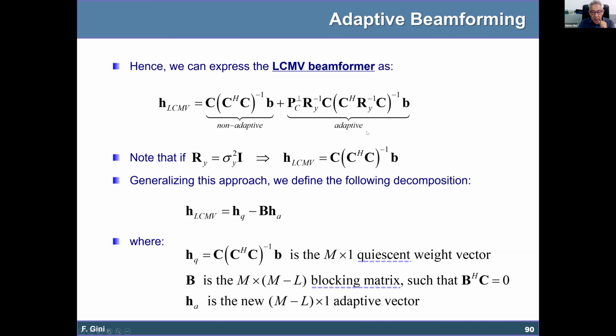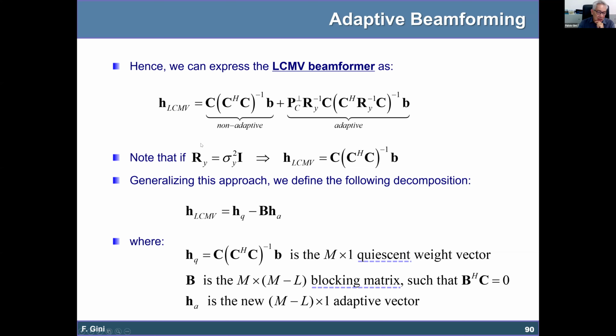And then we have the second term, the one that, in order to be implemented, should be made adaptive. So we should replace Ry, which is unknown, with the sample covariance matrix. But we can make an observation.